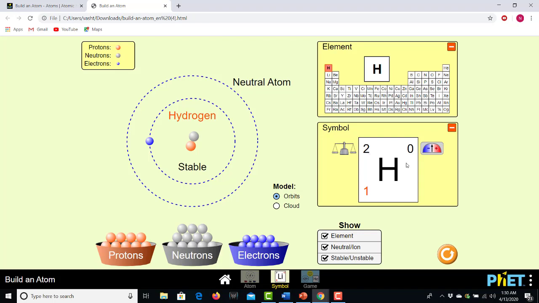And then let's look at our charge. It's black, it's not orange like the proton, and it's not blue like the electron, and so we have a neutral species here, a neutral particle. But this atom of hydrogen is different from the first atom of hydrogen that we built in that this version of hydrogen has a neutron, whereas the initial one that we built did not.